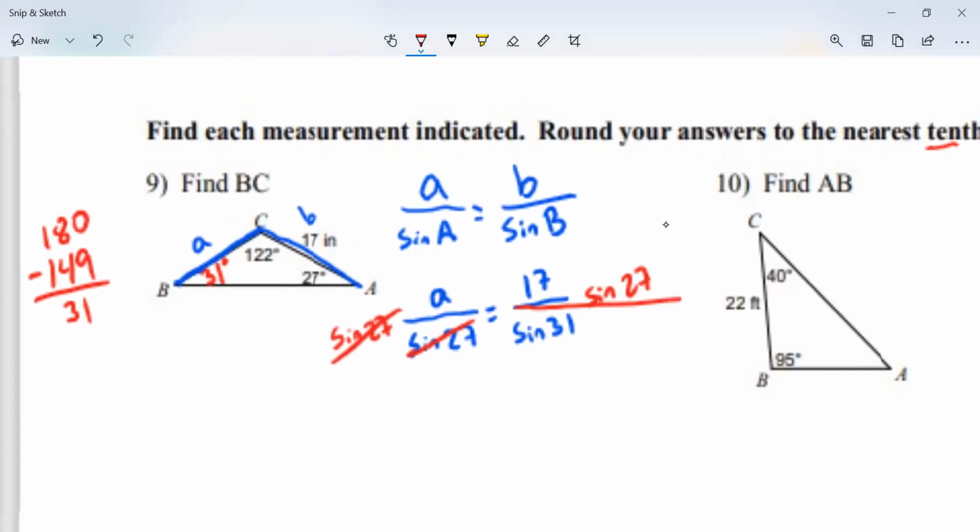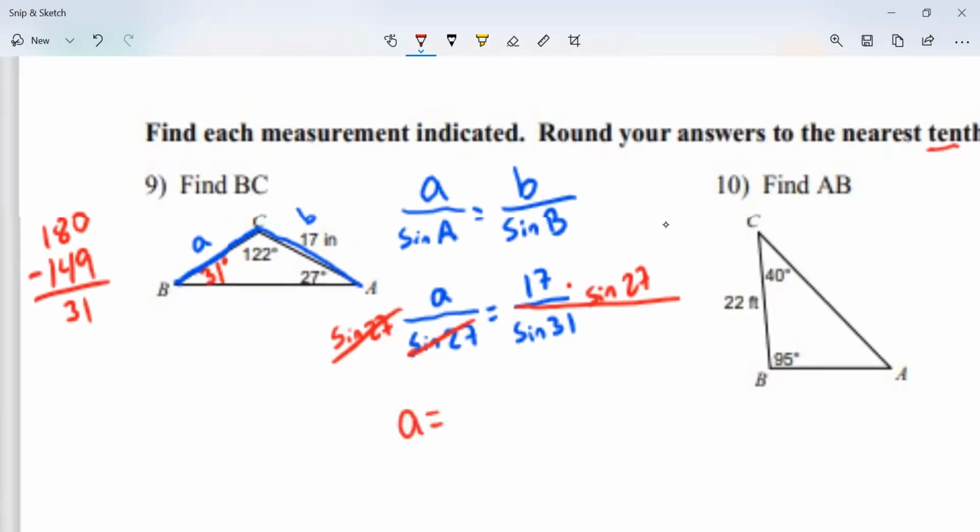In a fraction, when we're multiplying by sine of 27 in this case, when we multiply, we write it on the top. So notice how my sine of 27, I wrote it on the top. When we're dividing, we put it at the bottom. Okay, so here on the left side, I have A by itself, which is what I'm solving, so that's good. On the right side, I have 17 times sine of 27 divided by sine of 31.